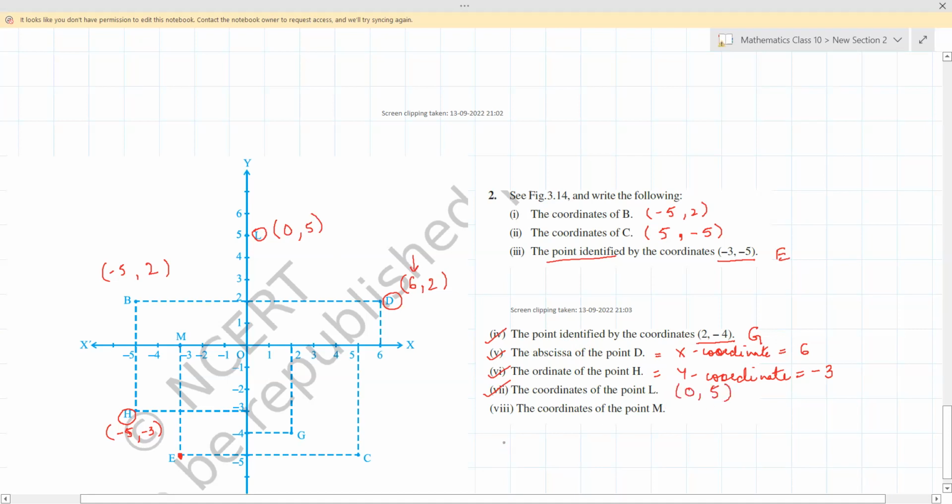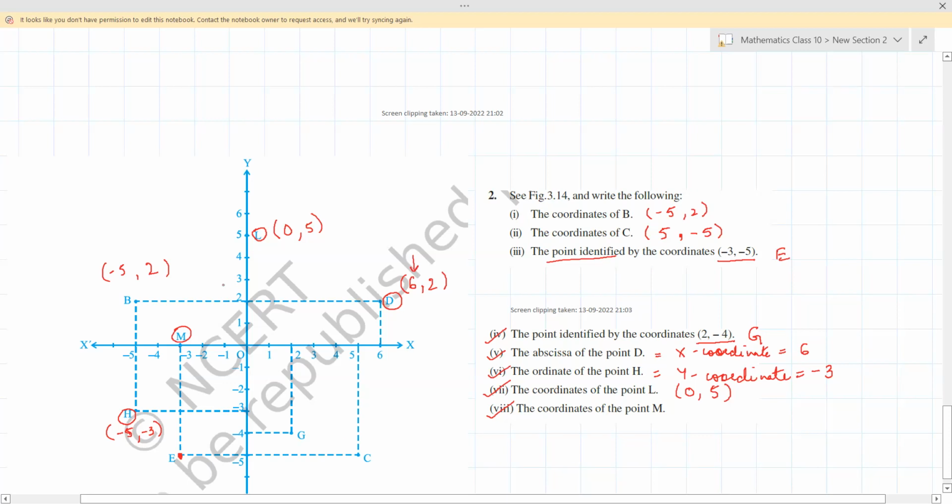Now Zeba, what are the coordinates of point M? Where's M? Okay, this is M. Yes, Zeba. Okay, Jesslyn. How much is it on the x-axis, point M? Where is it? I can't see.